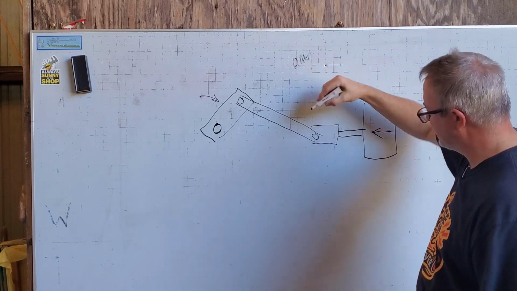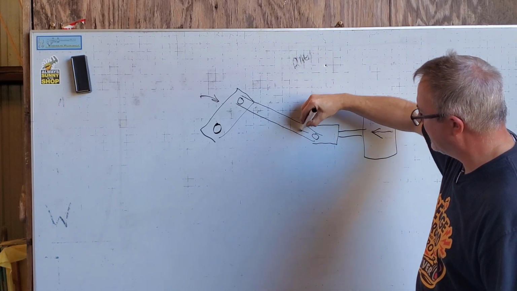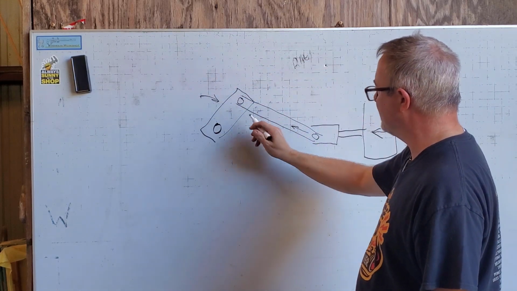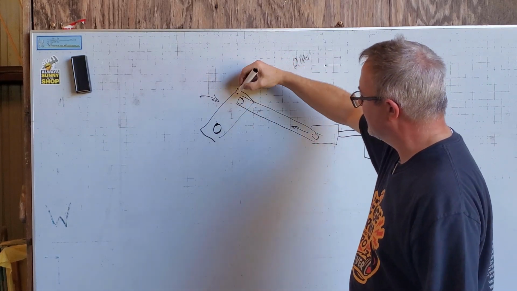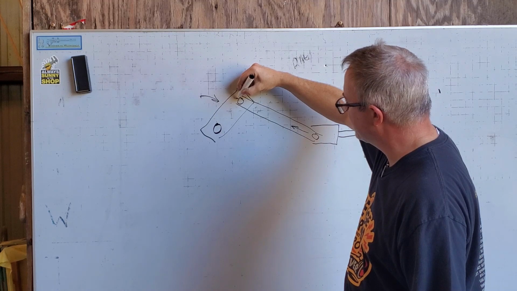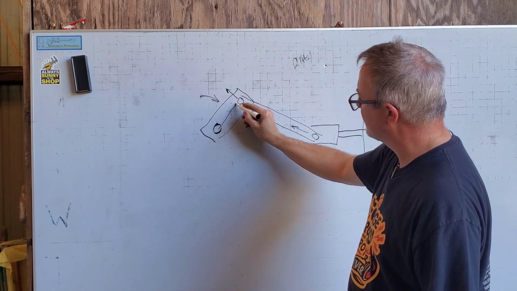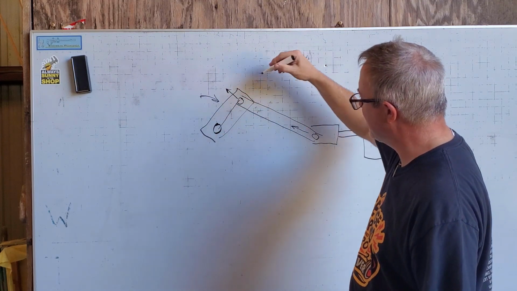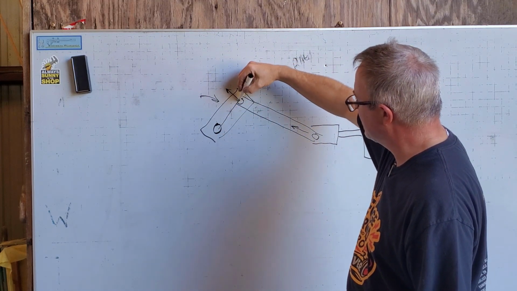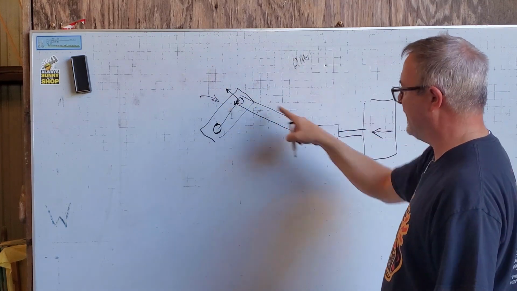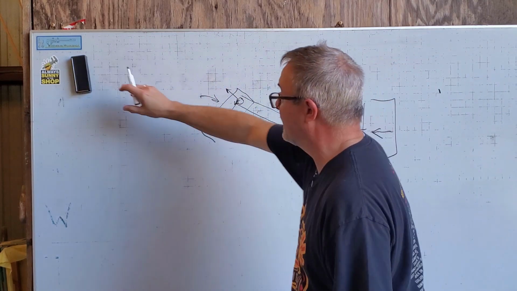So that force gets transmitted up the connecting rod, and at this point you've got to look at that force as it has a component that is a torque on the crankshaft, and it has a component into the crankshaft which does no work. That angle is continually changing.